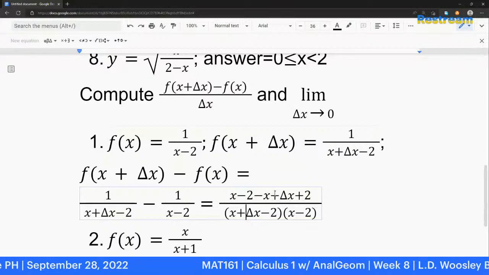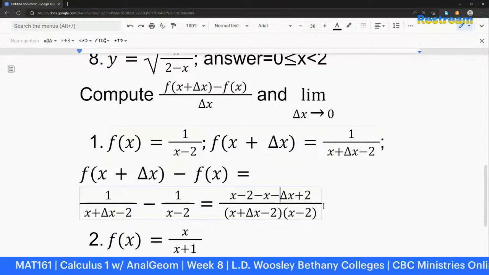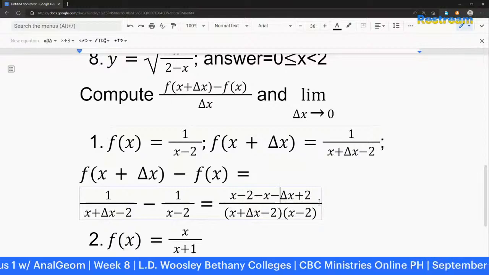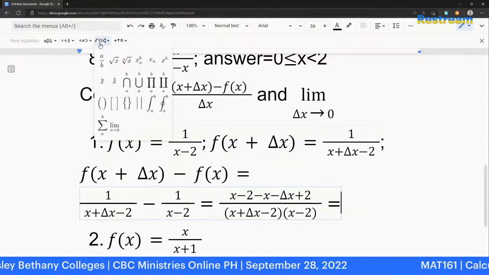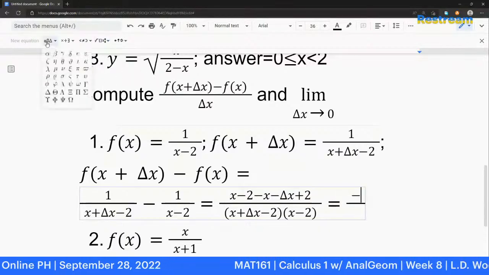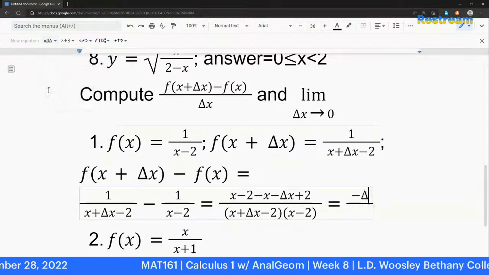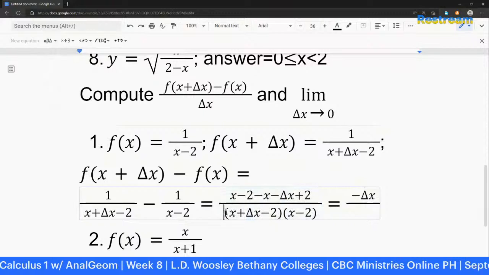Alright, so kung plus, magpapalit. So ito magiging minus. So ano may iwan dyan, guys? Negative delta x all over the denominator.